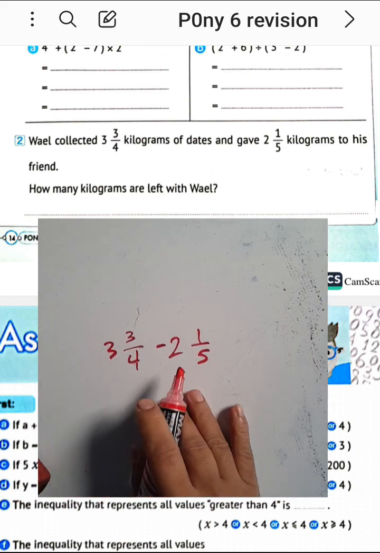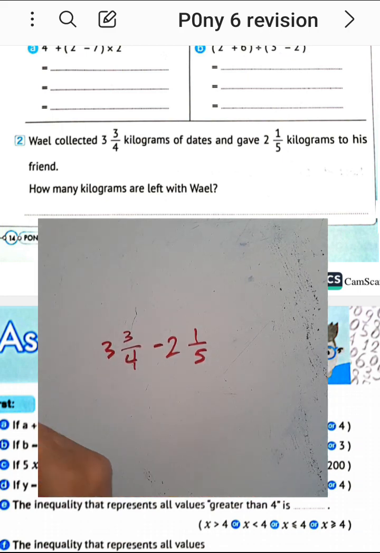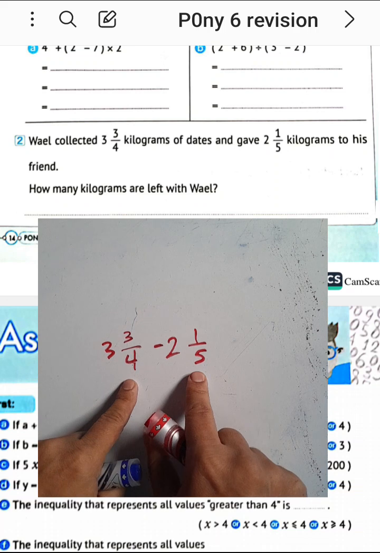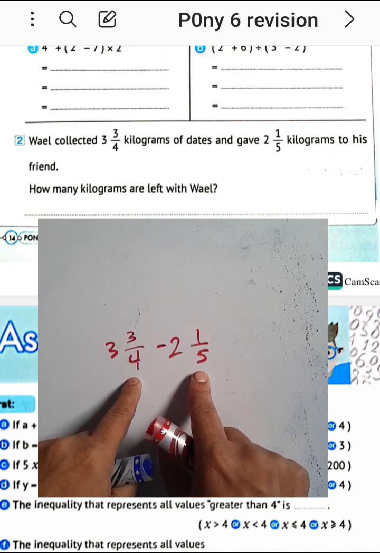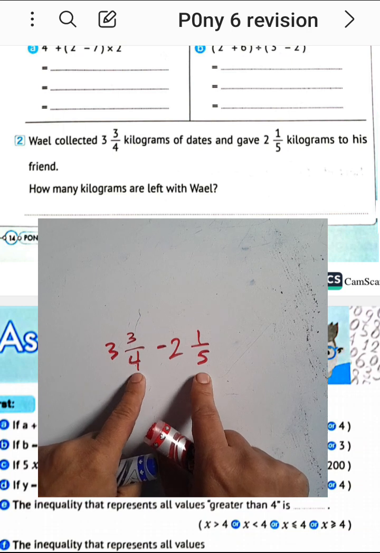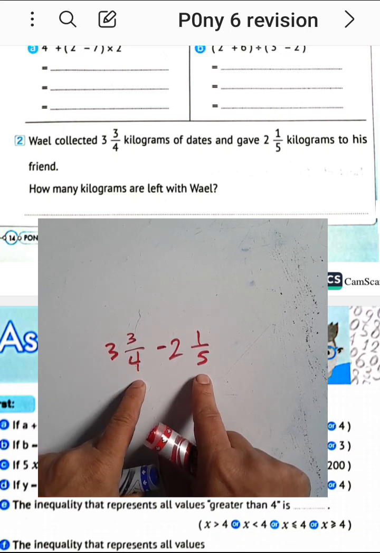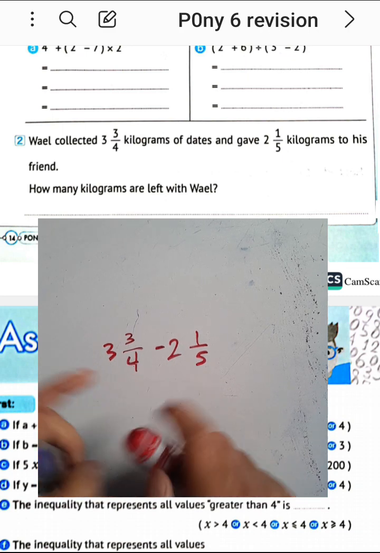To find the difference, you must find the least common multiple between 5 and 4. 5 and 4 are relatively prime numbers, because the highest common factor between 5 and 4 equals 1. Then the least common multiple between 5 and 4 is their product, 4 times 5 equals 20.